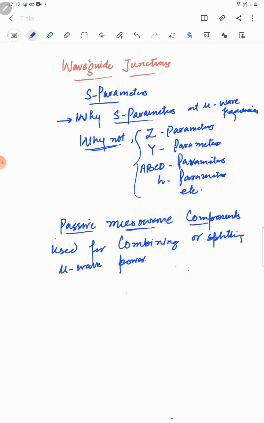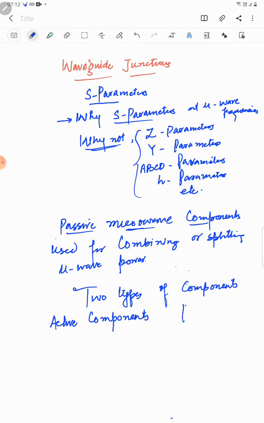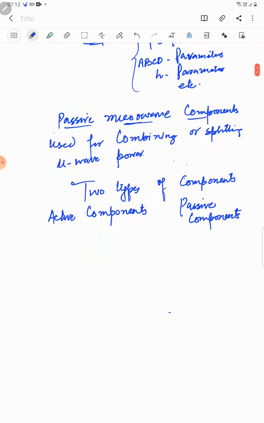Now, as you know, electronic circuits are made up of two types of components. We have active components and passive components. Let us see what active components and passive components are. This is something that you have already read in your previous semesters, but just to recapitulate it.